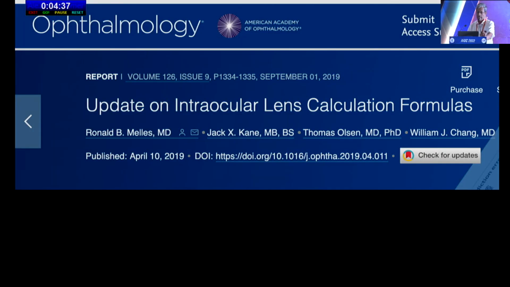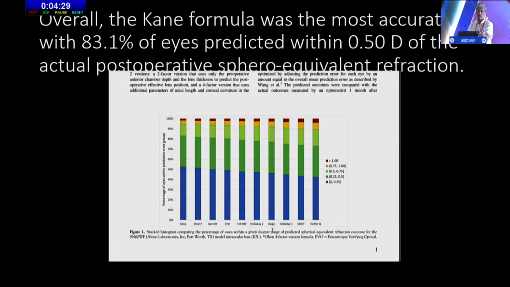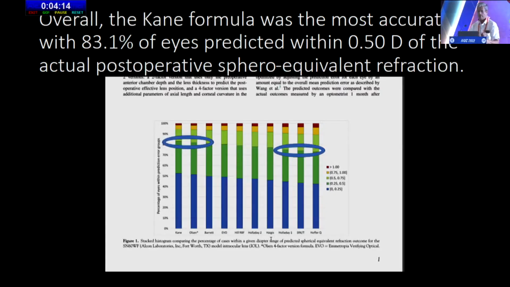In 2019, the same group, Ronald Melles, this time with Kane and Thomas Olsen, again redid the calculations, and this time he came to the conclusion that overall, the Kane formula was the most accurate, with 83.1% of eyes within 0.5 diopter of predicted outcome. So Kane is slightly better than Barrett's overall. Here we can see two blue circles.